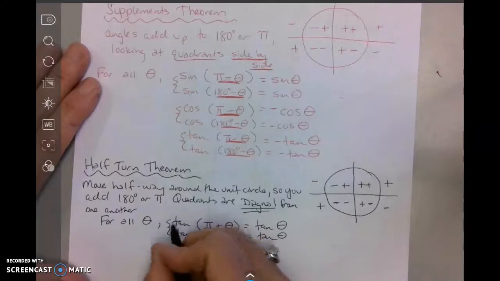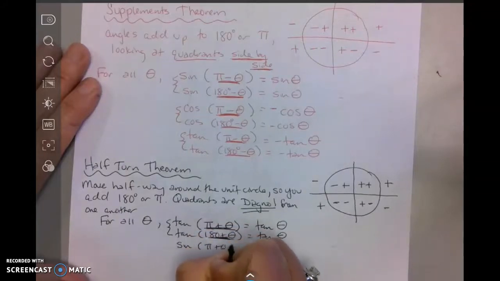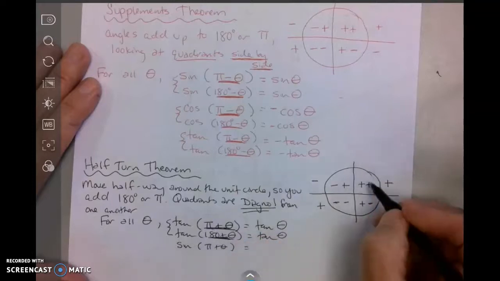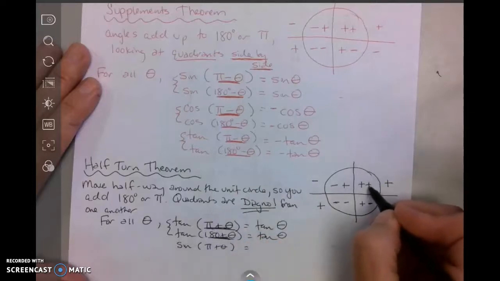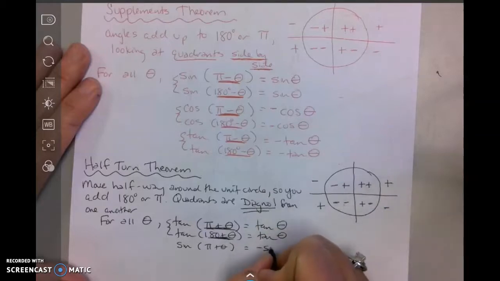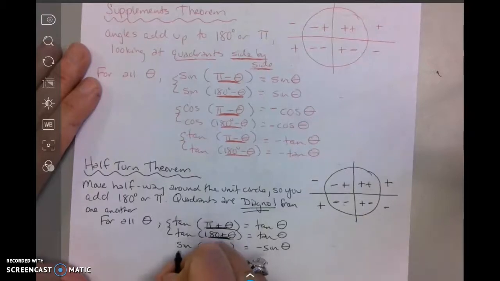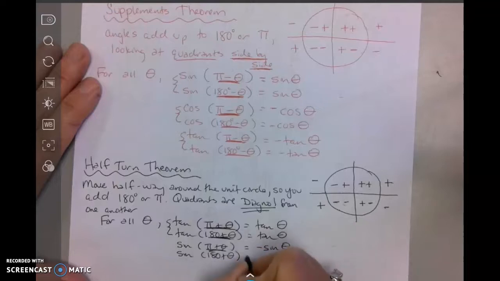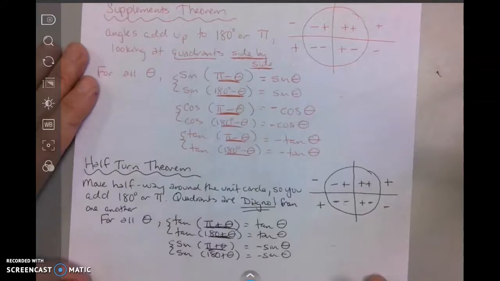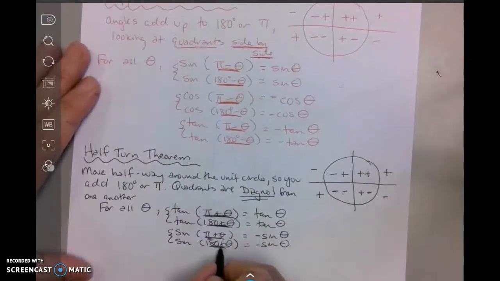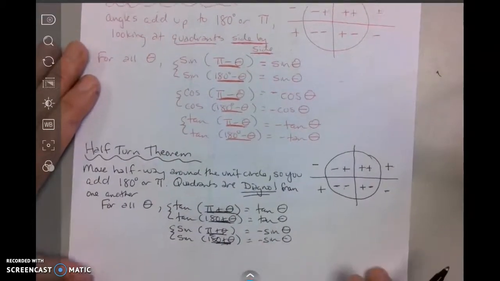Now let's do sine. Sine of pi plus theta. Sine is the y-coordinate. Go diagonal. Goes from positive to negative. So it's the opposite of the sine of theta. Again, I could have written 180 plus theta. These are the same, just a different way of writing it, 180 or pi.